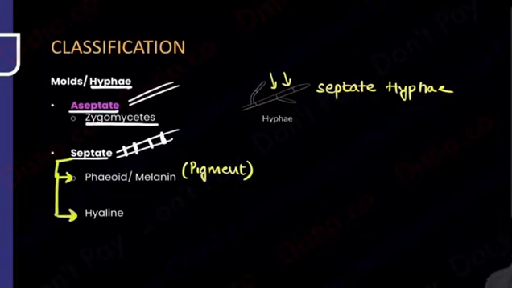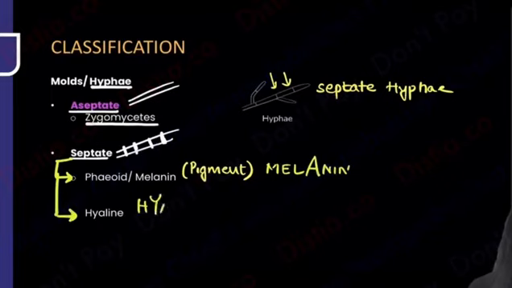So now I'm going to change the terminology or the pronunciation a little. Now I'm going to call it melanin. Why am I calling it melanin? And hyaline, I'm going to call it hyaline, emphasizing the Y sound.